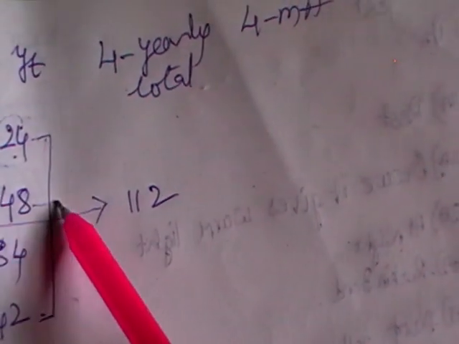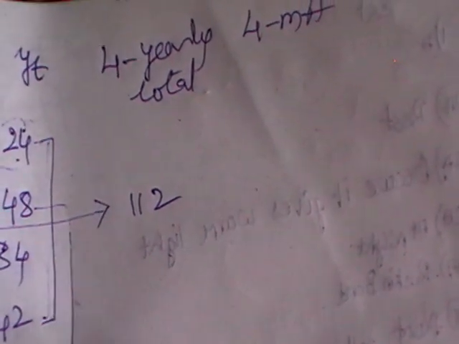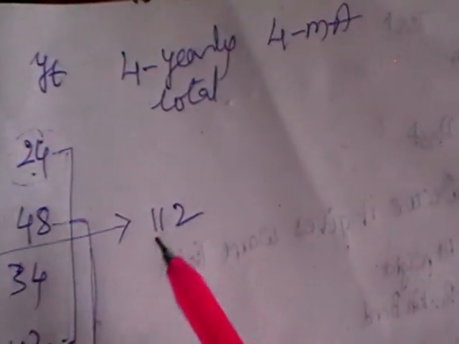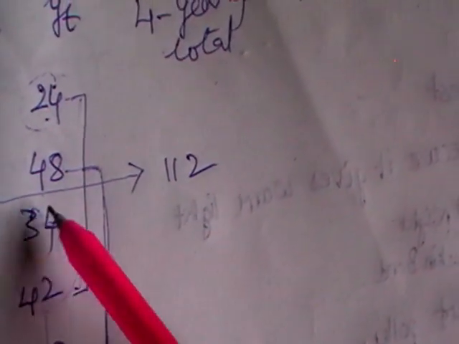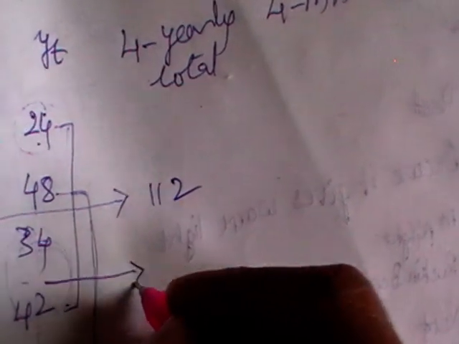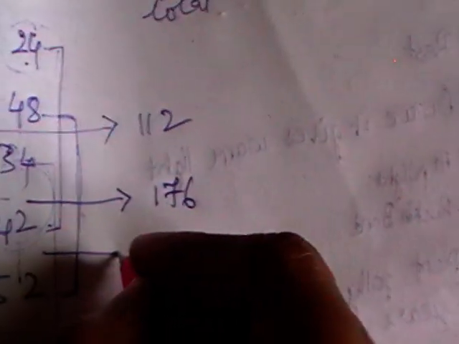Again, leave the first observation. Starting from the second, you add the next 4 observations and place the total in the middle. Find the total of the next one, which is 176. Again, starting from the third one, you add 4 observations and place it in the middle.